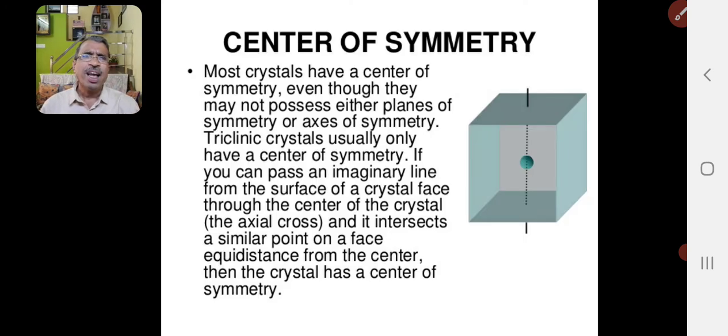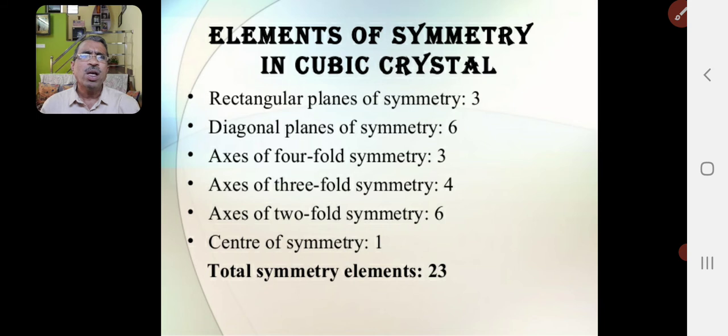And then, as I have said, in a cube you have only one center of symmetry. Overall, the elements of symmetry in a cubic crystal are 23. So, students, you must know how many rectangular and diagonal planes, and how many fourfold and threefold axes and centers there are. These numbers you have to remember.